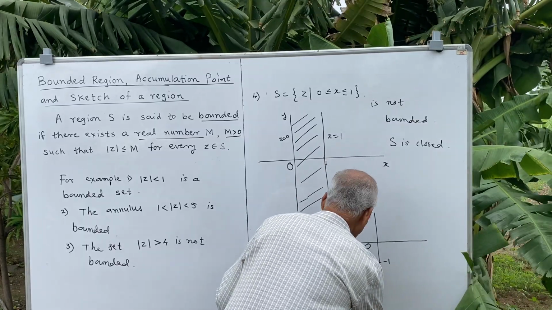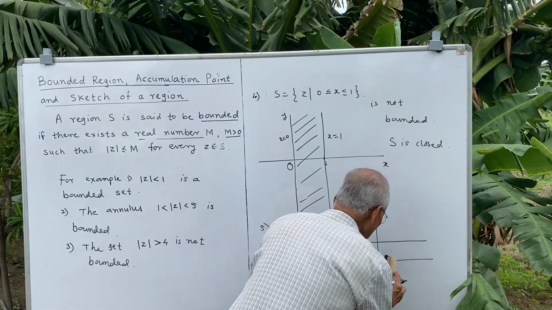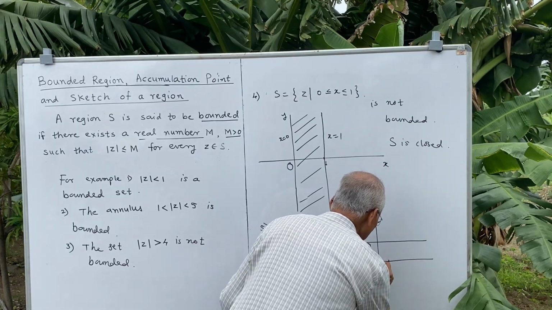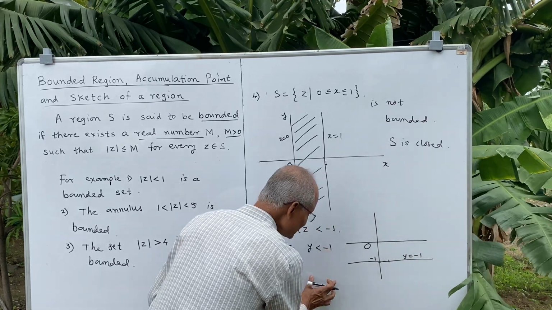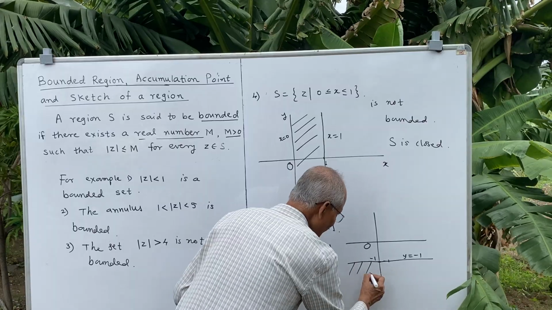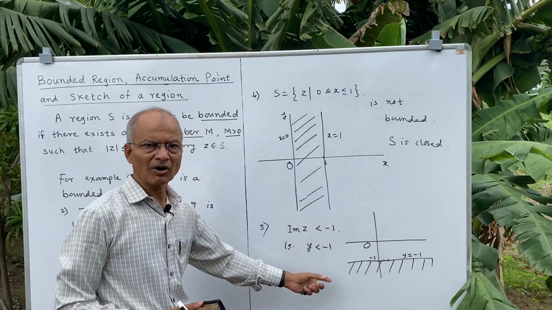So, if you have the line y equal to minus 1, less than minus 1 means the region below the line y equal to minus 1.